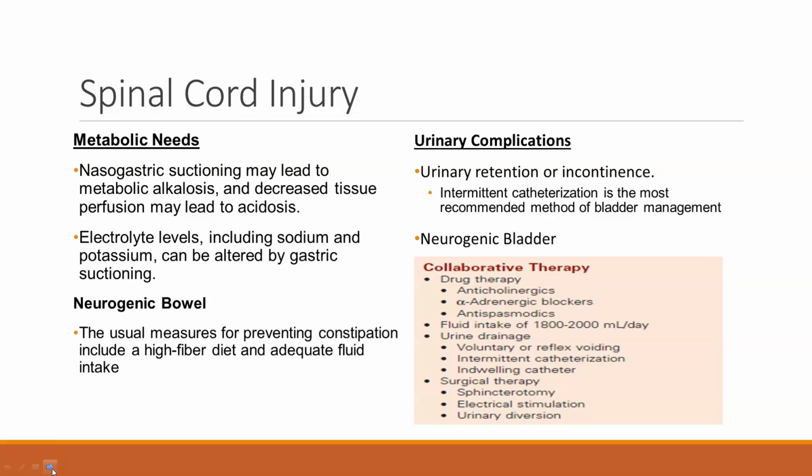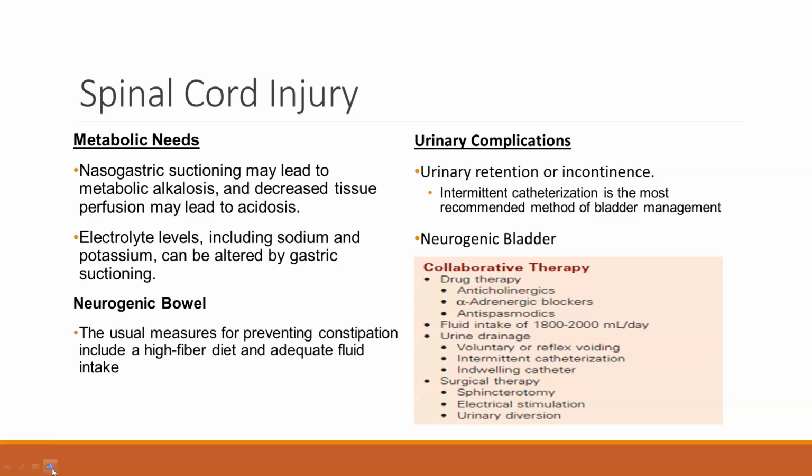We may need to start nasogastric suctioning, which also has its problems because we know that can lead to metabolic alkalosis, decreased tissue perfusion. We want to measure, again, the electrolytes. If we are pulling stuff out of their gut, we know that that's going to have an extreme effect on their potassium.